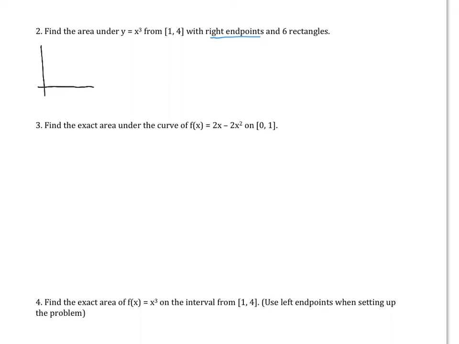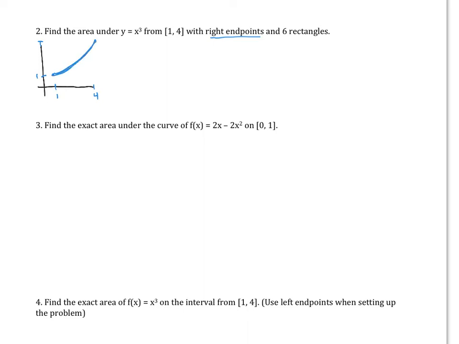And this is x cubed, so from 1, we'll get a value of 1, and over here out to 4, we'll get a value way up here, but we're looking at this part of the curve, okay?